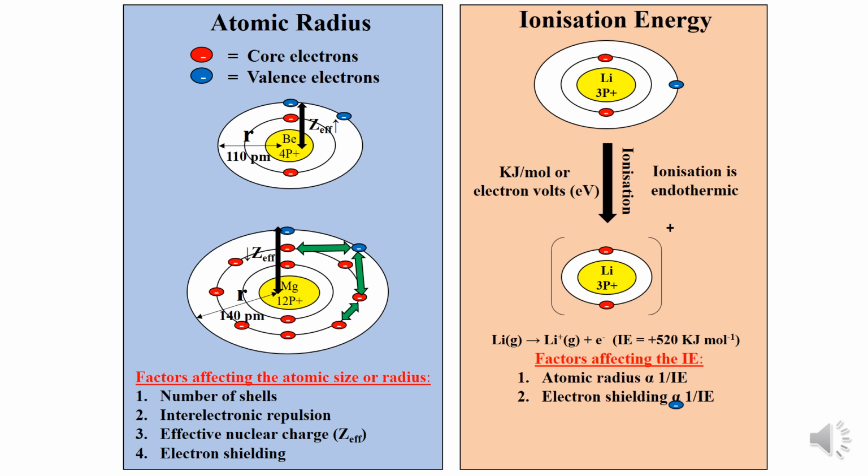Second factor is electron shielding. As the number of shells increases, shielding also increases. So the more the number of shells, the more will be the shielding.